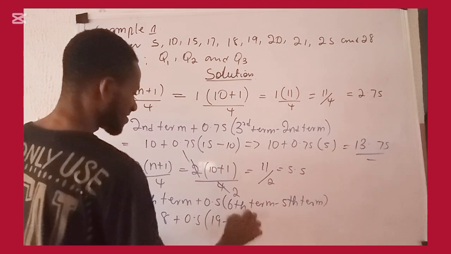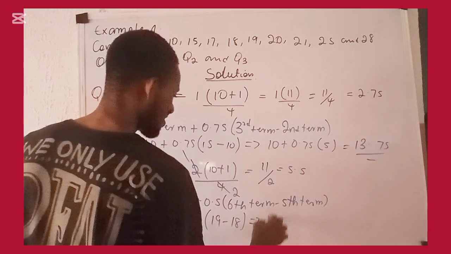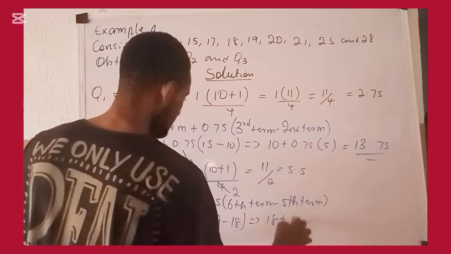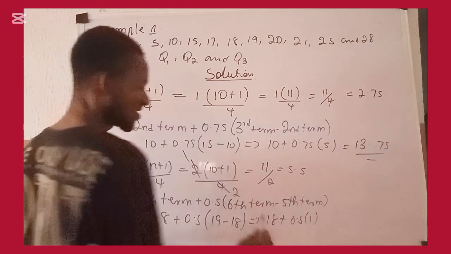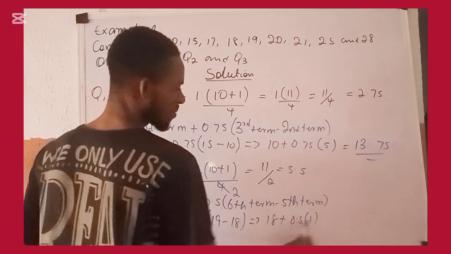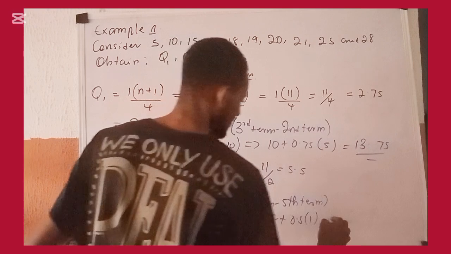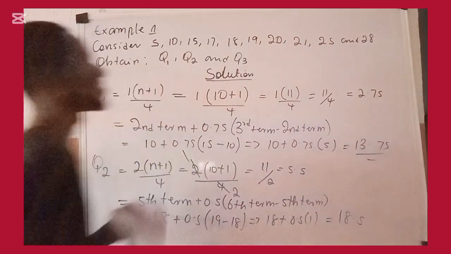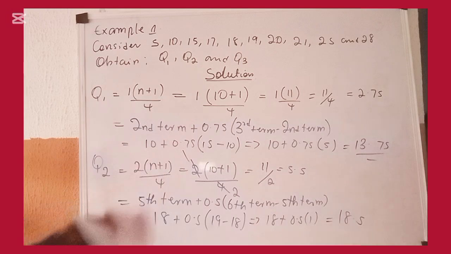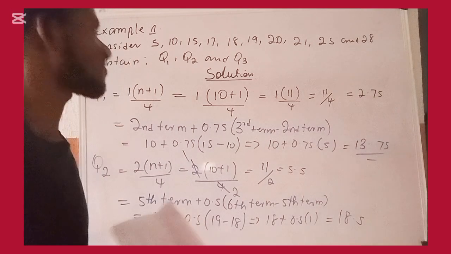This implies 18 plus 0.5 multiplied by 1. Then 0.5 times 1 is 0.5, which means everything becomes 18.5.